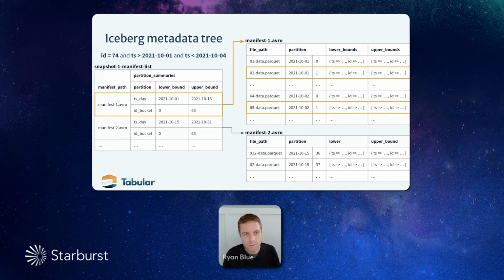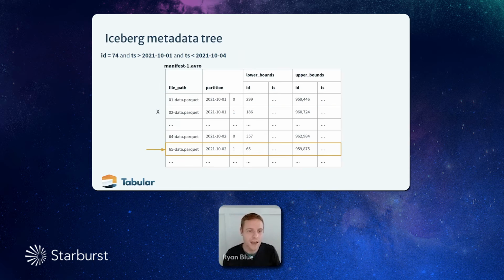Next, we're going to push down even further and start looking at the lower bounds and upper bounds of each column of each data file. So this is, again, manifest 1.avro. We were previously going to read file 2 and file 65 because we looked at the partition values. But now we can see the lower bounds and upper bounds of the ID.